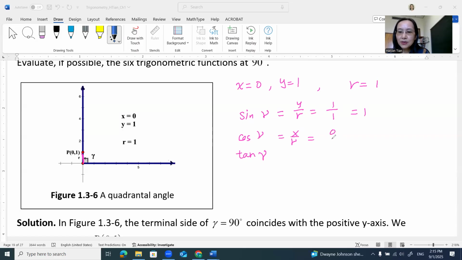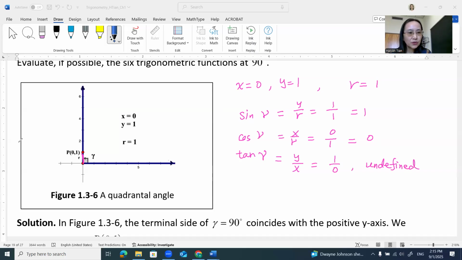X is 0, so 0 over 1. 0 divided by a non-zero is still 0. Tangent is y over x. Be careful. X is 0, so this is undefined. So the tangent of a 90-degree angle is undefined. We don't have a value for this angle. The tangent of 90 is undefined.